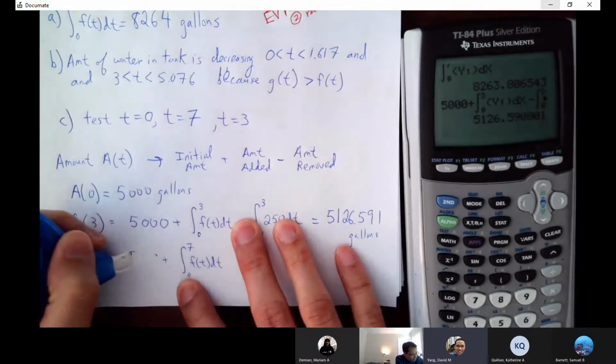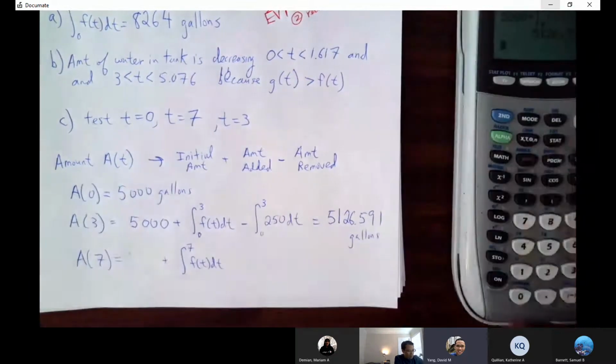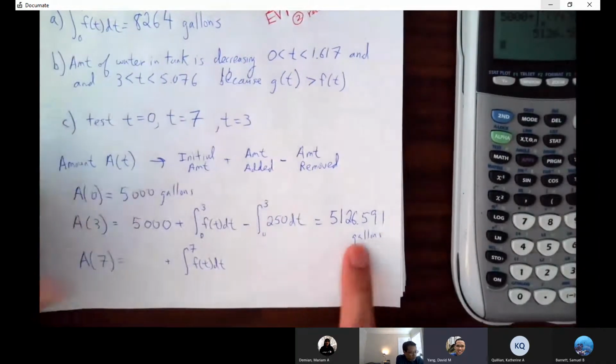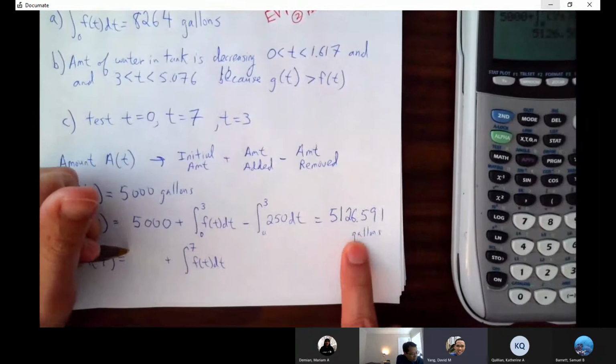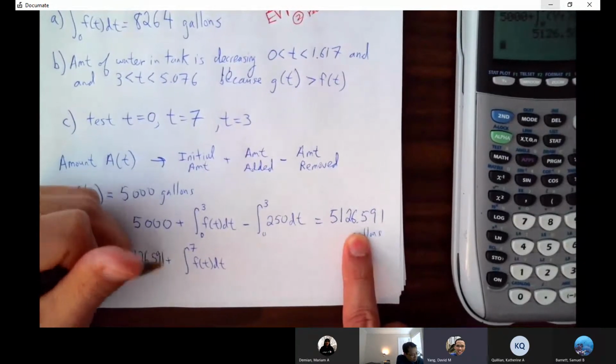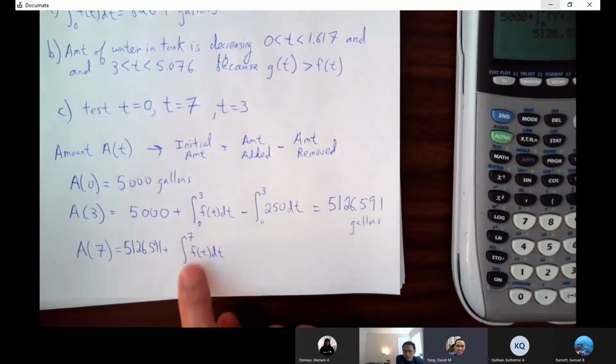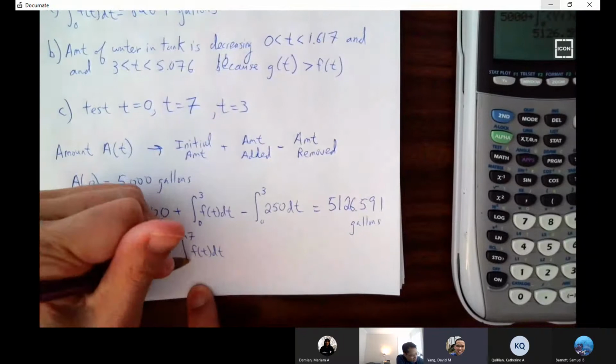So let's say that we're going to start off at the amount of water in the tank at 3 hours. And then we're going to find the accumulation of water between the 3rd and 7th hour.